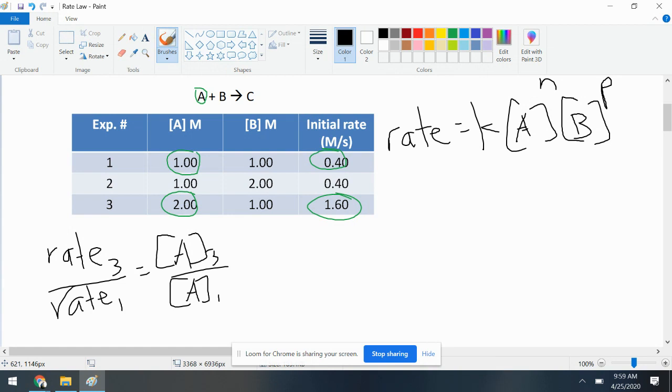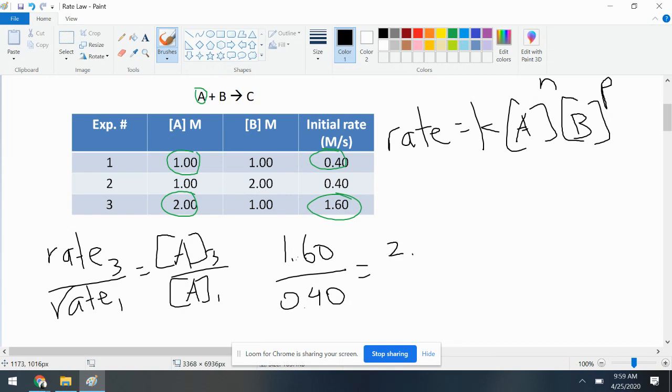Okay, so when you set up the ratio, it makes it easier. You put the bigger number on top. Okay, so for the rate, it's going to be 1.60 over 0.40. Okay, set it equal to concentration.